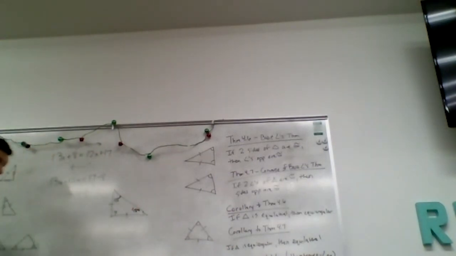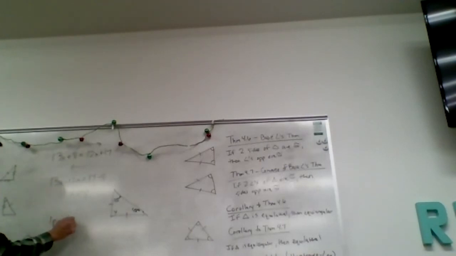So it'd be 180 minus 48 minus 48. So x equals that, right? What'd you say, 76? It'd be 180 minus 106, which would be 74. I think you're right. 74. All right.